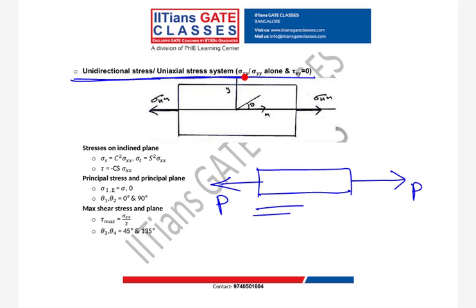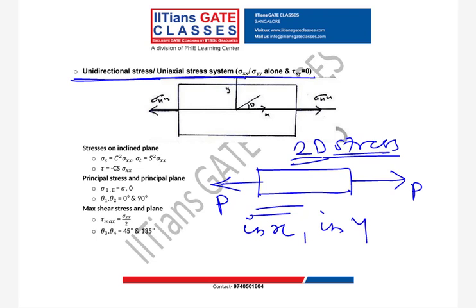Suppose you take a two-dimensional stress system. In a 2D stress system, either my loading can be in X direction or it can be in Y direction, right? You guys are agreeing? So this is the case where my loading is in X direction.